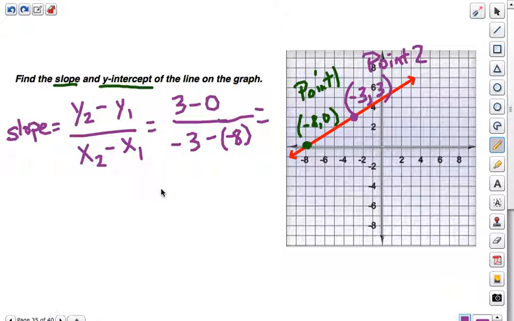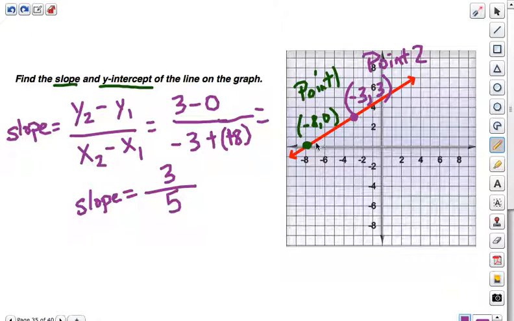Alright, so 3 minus 0 is 3. And remember, subtracting a negative is the same as adding, so we change it to addition. -3 plus 8 is 5. Okay, so our slope is 3/5. You always want to leave slope in fraction form and make sure that it is reduced. We don't want to make this a decimal, we always want to leave it as a fraction.